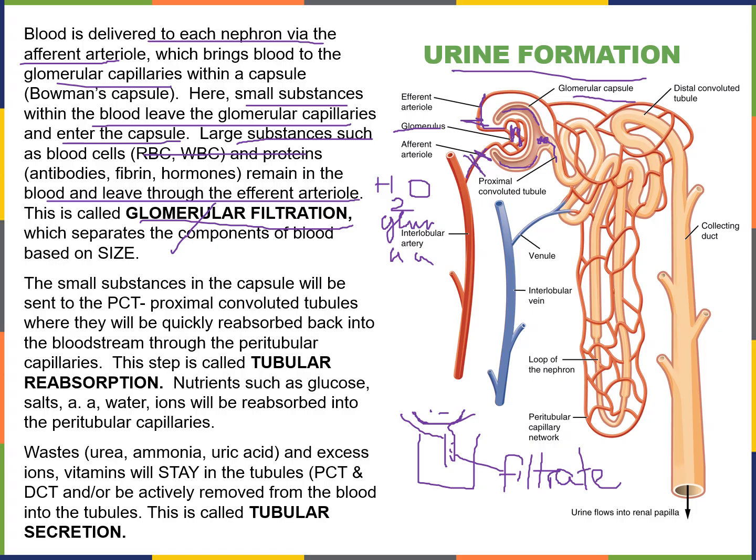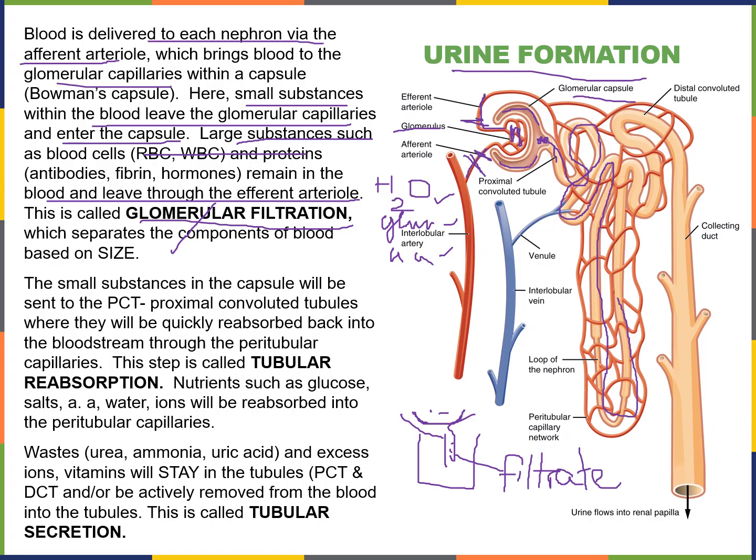And so, if the substances in filtrate, these water, glucose, and amino acids, if they were to stay in filtrate, they will go through this beige tubule system. The first part here is the proximal convoluted tubule. Then they'll go through the loop of Henle.